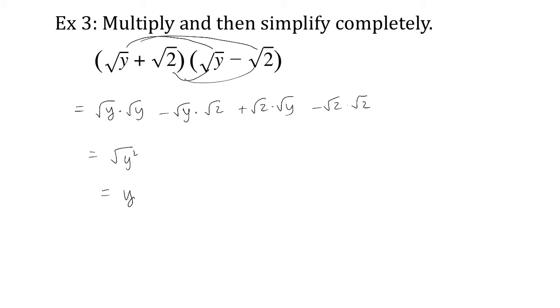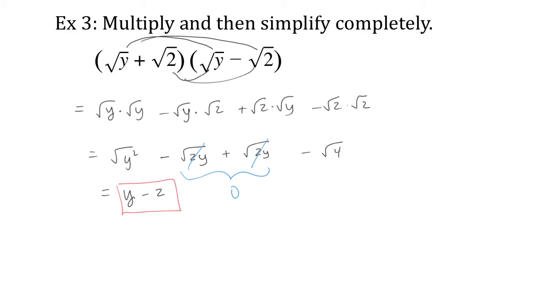And now I've got a negative square root of y times square root of 2, that would be minus square root of 2y. But then I'm adding the square root of 2 times square root of y, that would be the square root of 2y. So those are just going to add up to 0. And then here I've got square root of 2 times square root of 2, that would be square root of 4, which is 2. So my final answer ends up being y minus 2.